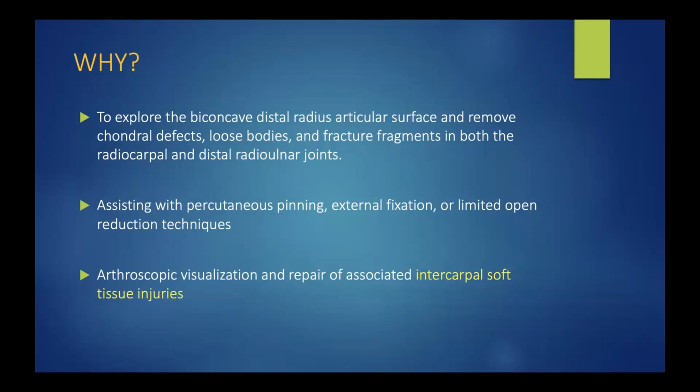It cannot be similarly seen with image intensification like a C-arm, because the differentiating feature of the biconcave part of the distal radius articular surface is not well captured by the C-arm. There is also a chance to address chondral defects and loose bodies, if any, and to individually assess the fracture fragments intra-articularly, reduce and fix them.